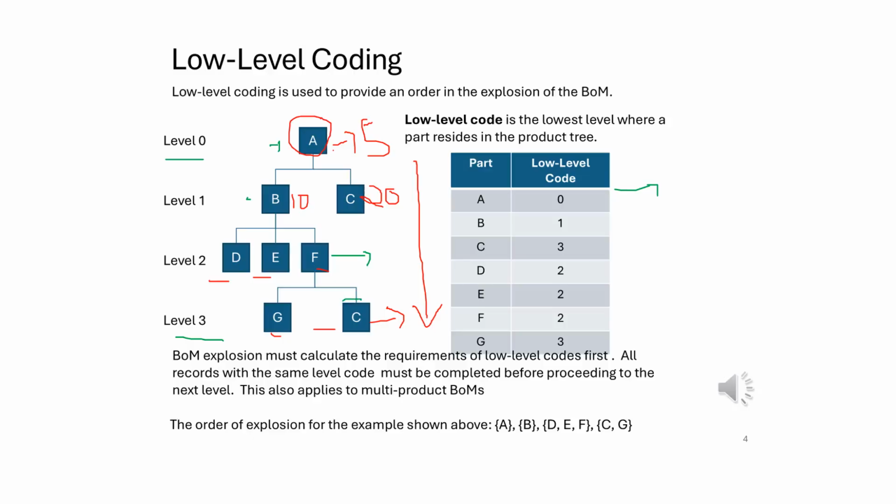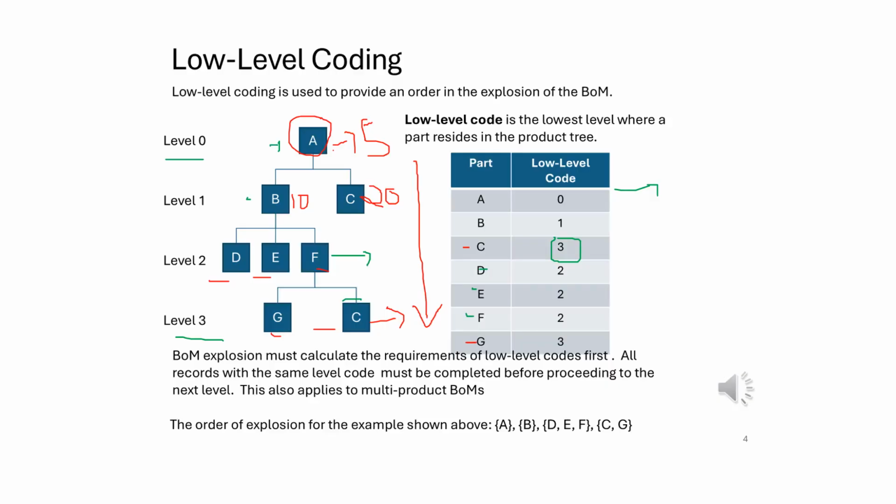So we write 3 as our lowest level code for C. And similarly, D, E and F lie at level 2 and G and C lie at level 3.